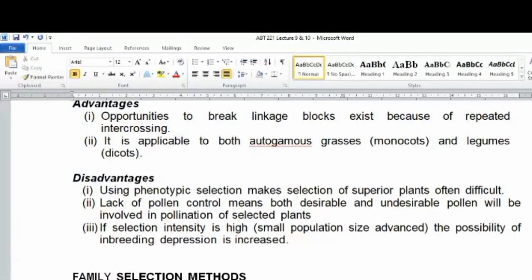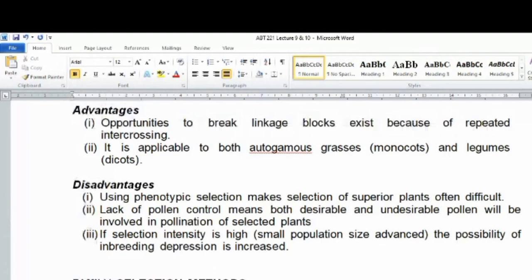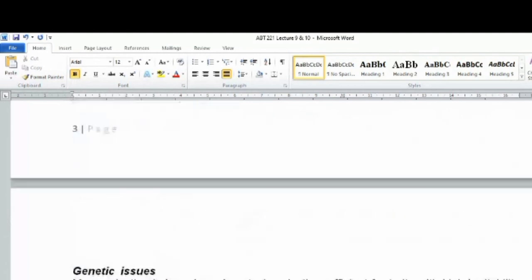I have said improvement can be done in several ways. We can do this through selecting individual plants within a population, or we can do it through selecting families within that population.